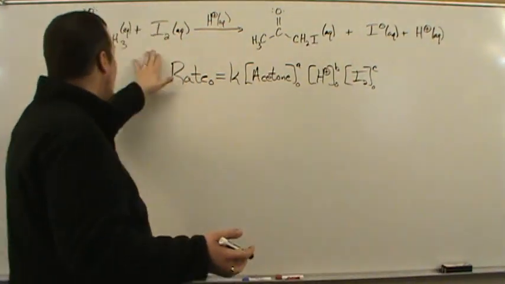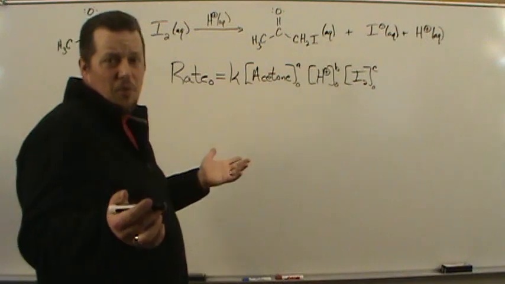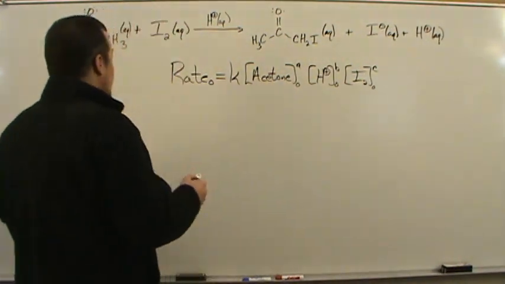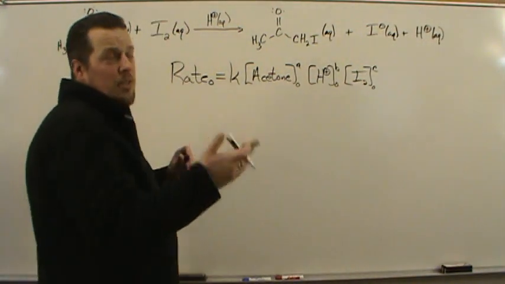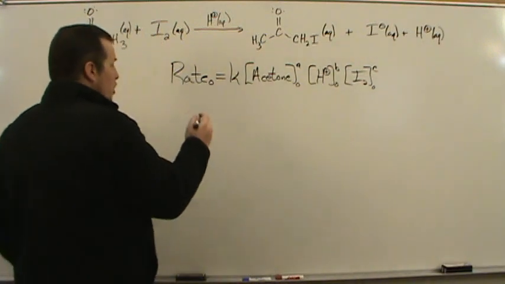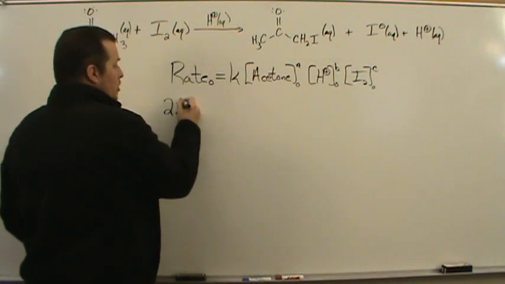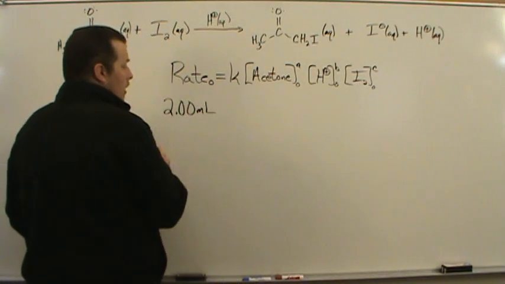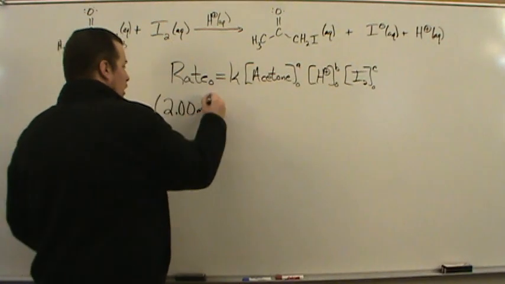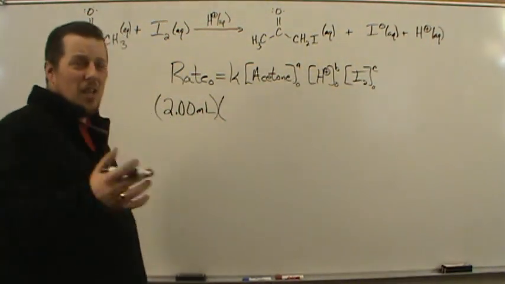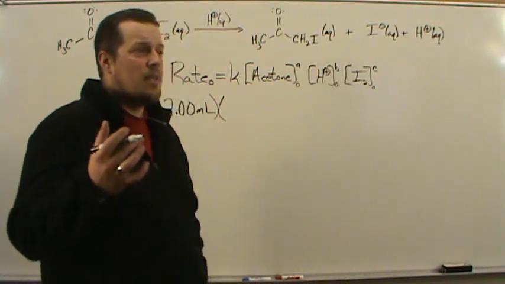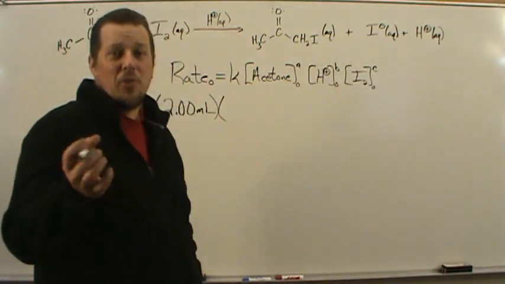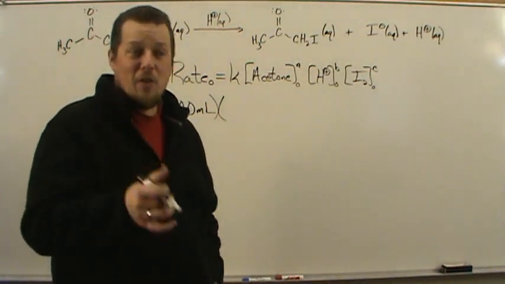So we can look at any of these. Let's just, for example, look at the iodine. So for your initial run, you were using 2 milliliters of iodine, and the concentration on that was, I don't know exactly what you're using, but they're all somewhere around 5 millimolar.